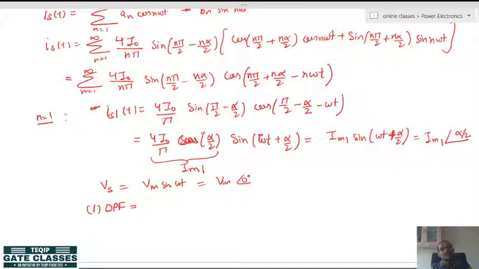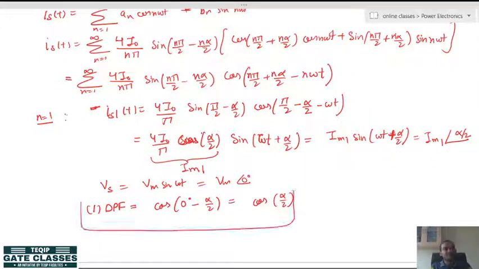It means the difference between these two, which is 0 minus alpha by 2. So, it will be cos of alpha by 2. So, the displacement power factor varies as a function of cos alpha by 2, and in the case of full wave fully controlled, it was varying as a function of cos alpha.